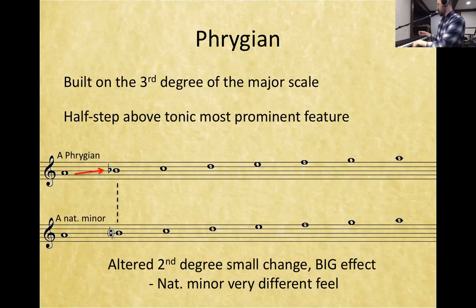As we go along, we're going to find that this is especially true if we add chords to what we're doing. So if we're here, I mean, Phrygian has such a different sound, such a different color than even natural minor.